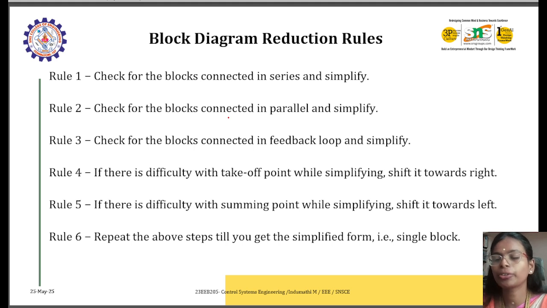Next, change the takeoff points, whether they can be shifted before the block or after the block, in order to simplify the system. And the next rule is, if we have difficulty with the summing point, we can shift the summing point also. You have to repeat the above steps and make it a single block. That is how we reduce the block diagram.